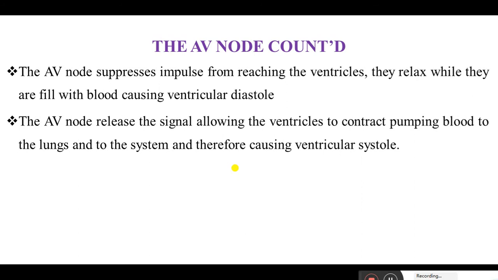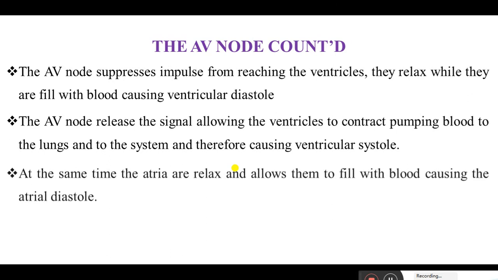The AV node then releases the signal, allowing the ventricles to contract and pump blood to the lungs and to the system, and therefore causing ventricular systole, contraction of the ventricles.